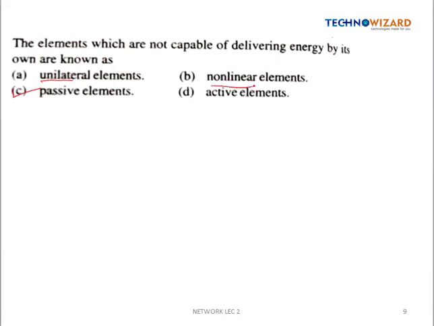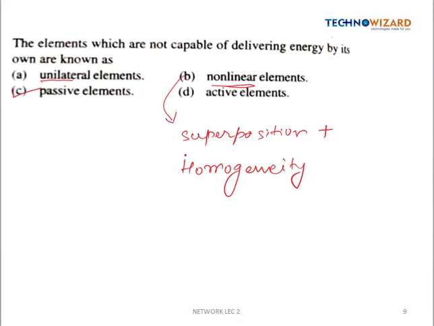Nonlinear elements are those elements which don't follow the superposition and homogeneity principle, right? If the element is following both the theorems, then the element will be called a linear element, else it will be called a nonlinear element. You can simply understand this from the graph or the characteristic.